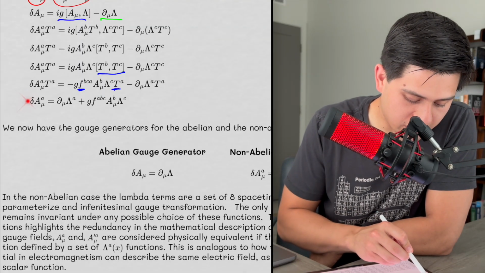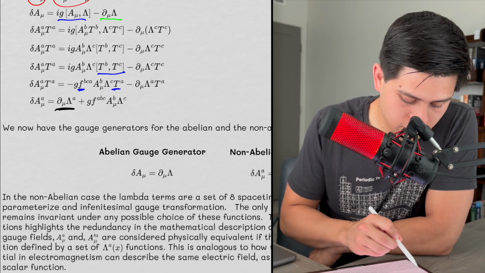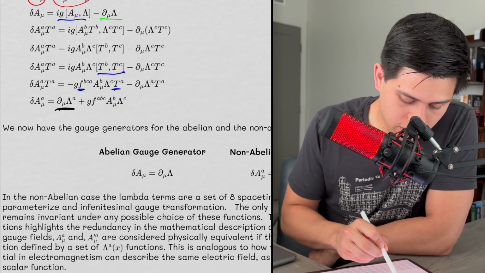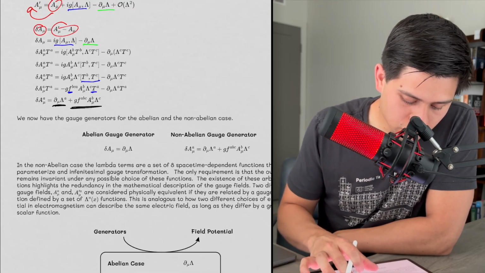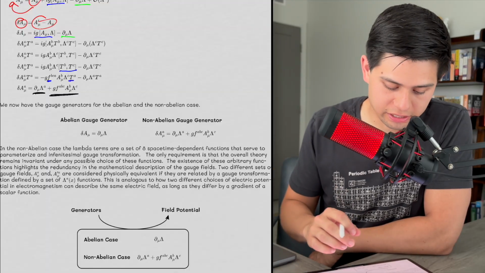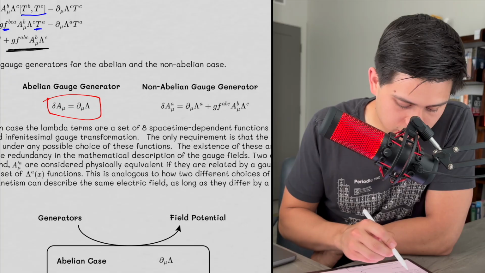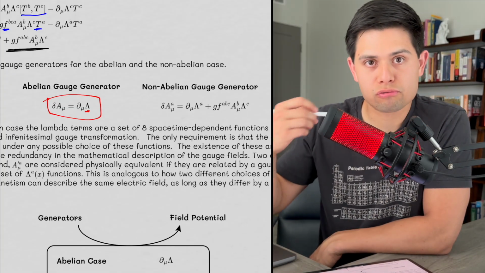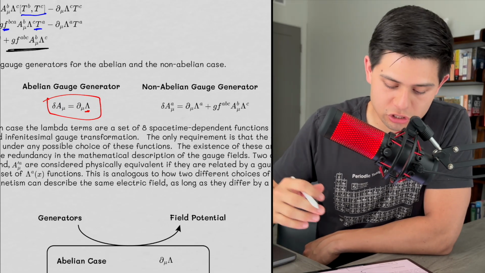So the change in alpha is given to us by a gradient in these guys, and then we have this term right here. So now we have the gauge generators for the abelian and the non-abelian case. And this is the point that I was trying to get at. We have these functions, and they're driving the change in order for the physics to change.